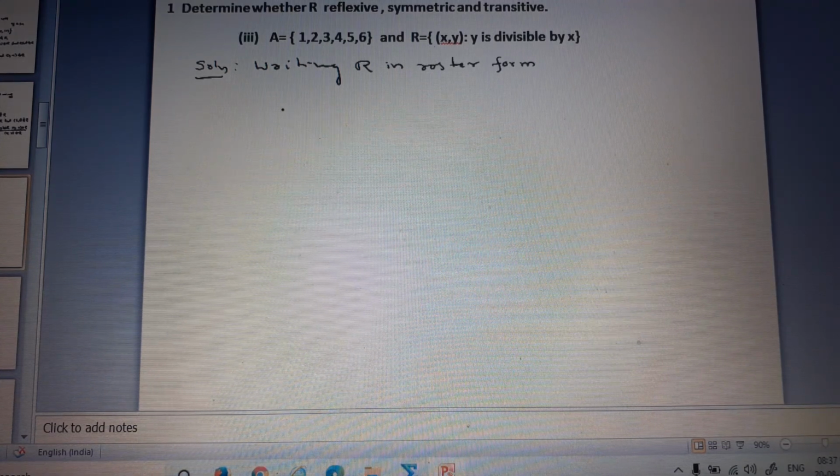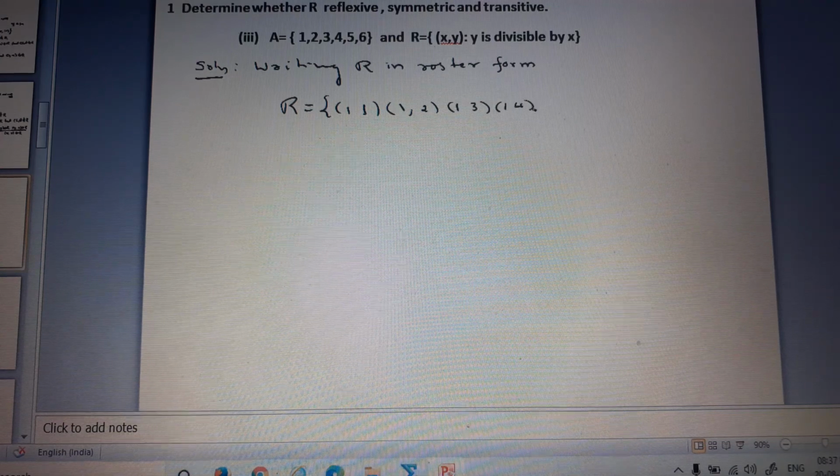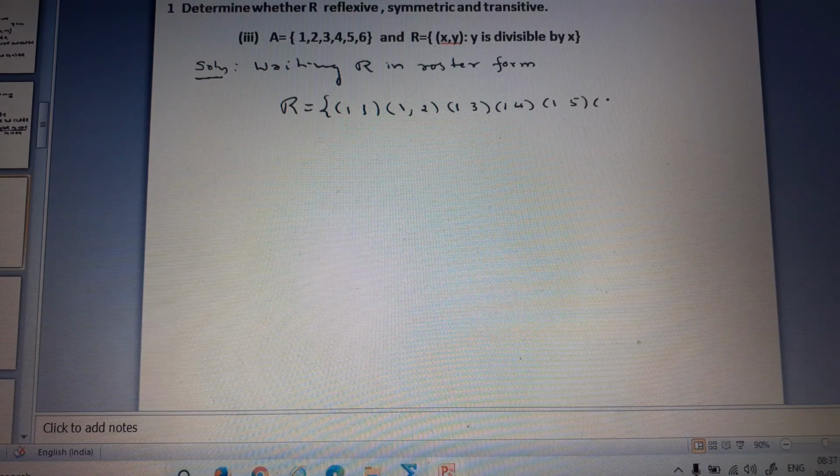So what we get is R will be equal to, now the second element should be such that y is divisible by x, means 1 is divisible by 1. So I have to write (1, 1). Then (1, 2) also, because 2 is divisible by 1. Like this I can write (1, 3), then (1, 4), then (1, 5), then (1, 6). So all these numbers are divisible by 1. Then if you take 2, I will write (2, 2), so 2 is divisible by 2.